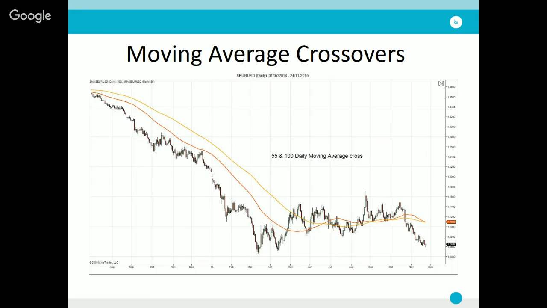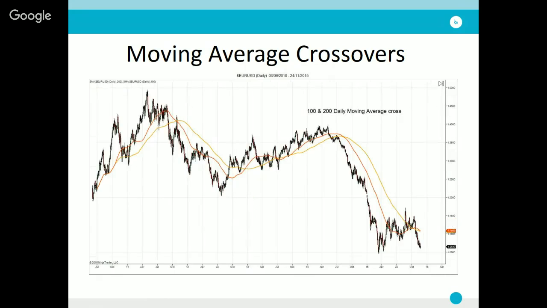Actually, if we take a look back now at the 100 and 200-day crossover, you can see clearly what I'm talking about. So right in the middle of the chart here, you can see we get a really nice bullish crossover. Price spikes higher, we get this really volatile expansion higher. We move up by around 600 or 700 pips. You're in a really great trade here. You've just caught the bullish crossover.